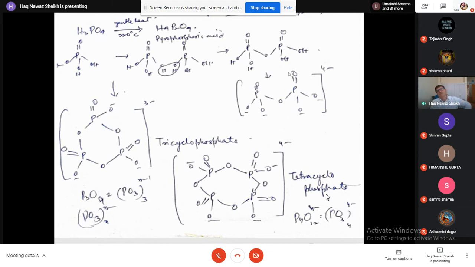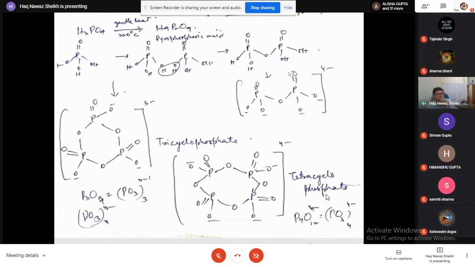IUPAC, the International Union of Pure and Applied Chemistry, has now decided to use the word cyclo for these cyclic compounds. So cyclotriphosphate, cyclotetraphosphate, these are now the authentic words, but the old terminology survives. Some people are still using the metaphosphate terms.